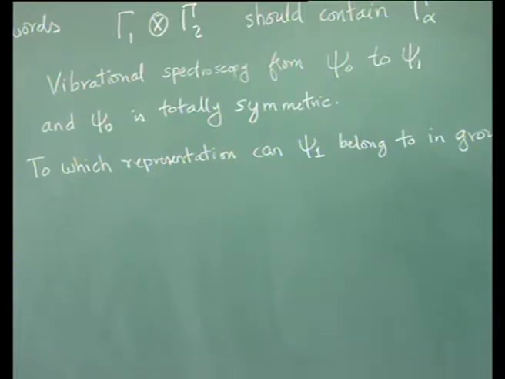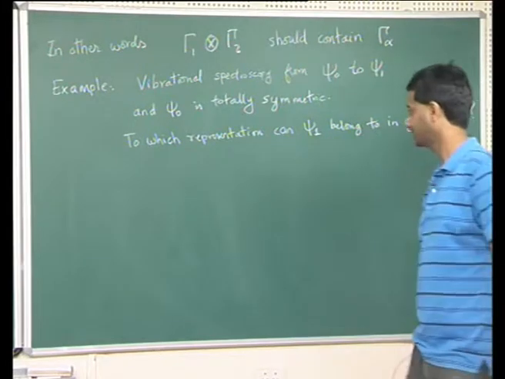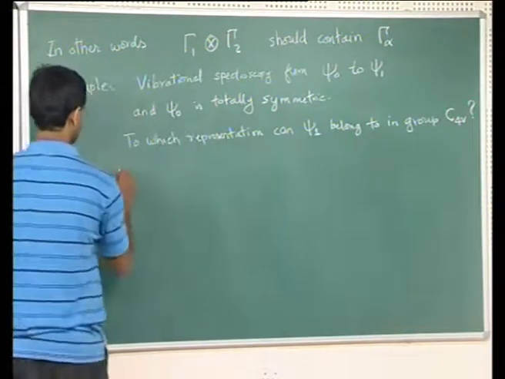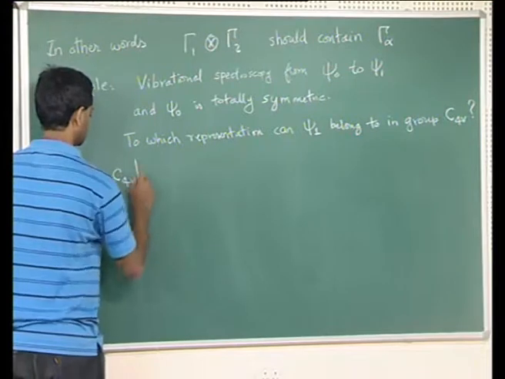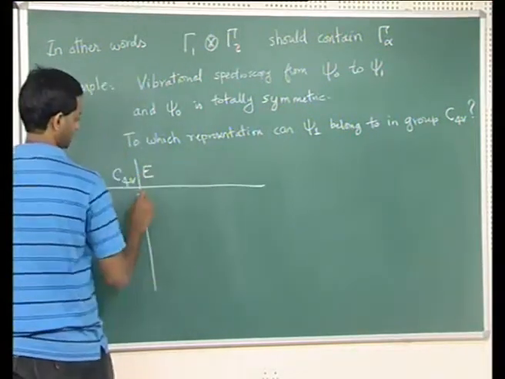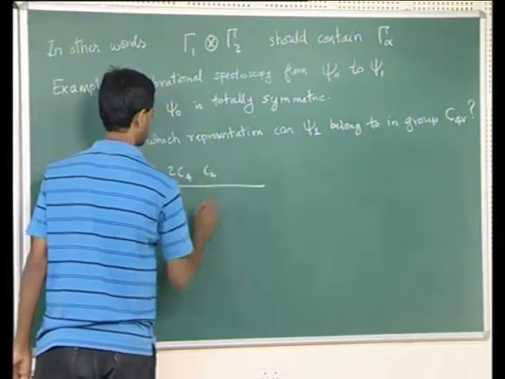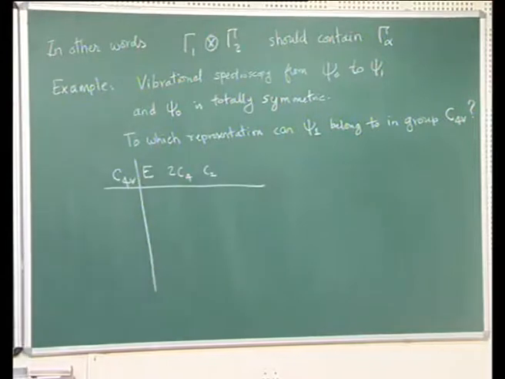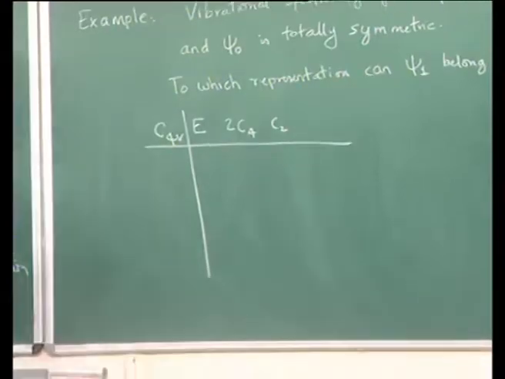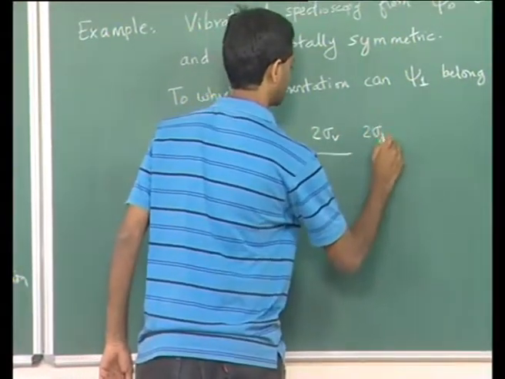Now, this can be answered very easily if we look at the character tables. If you look at the character table of C4v, C4v has E, the identity, and then it has 2 C4, C2, two sigma v and 2 sigma d.